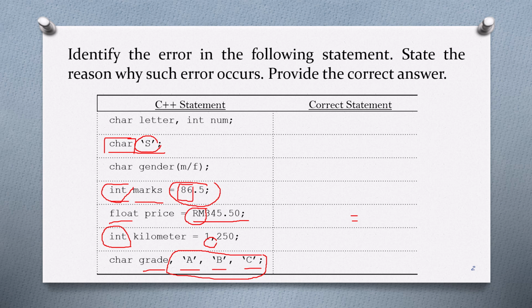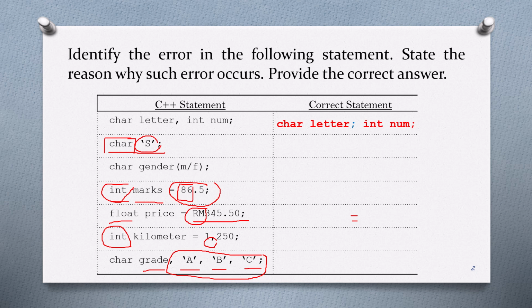The second one is a declaration statement int num. So there are two declaration statements here, so the statements must be separated. It should be written as char letter semicolon, int num semicolon, indicating that there are two statements.